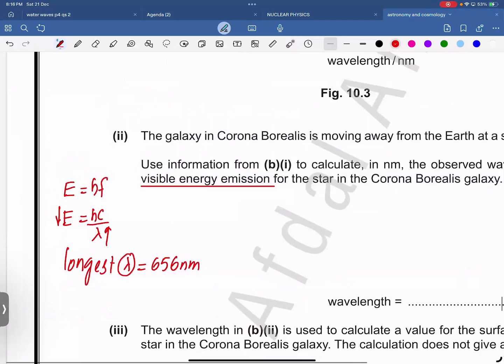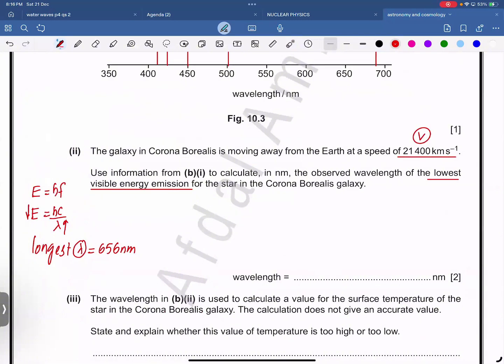Now let's read. Use this information to calculate in nanometers the observed wavelength. So you will just make that equation and solve it. The observed wavelength will be longer, so new wavelength minus original, over 656, right?